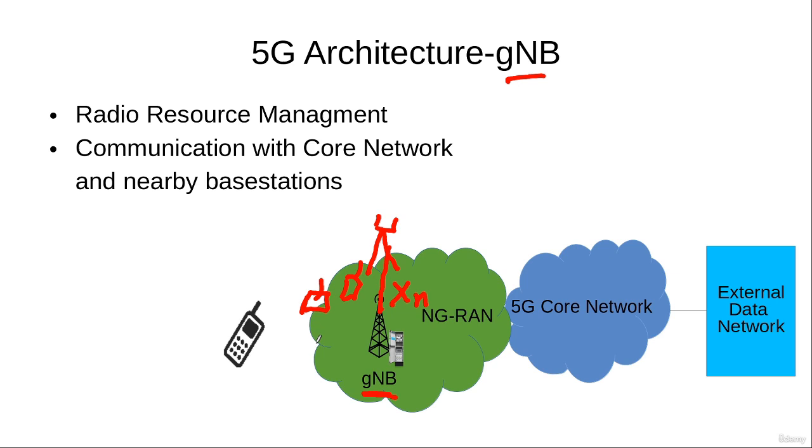So when a mobile is moving from the coverage area of this gNB to the coverage area of this gNB, then when this mobile enters the coverage area of the other gNB, it attaches to that gNB. This is called the handover. So in order to do this handover, there needs to be signaling between the two gNBs over the Xn interface. So the gNB is responsible for handling that signaling.